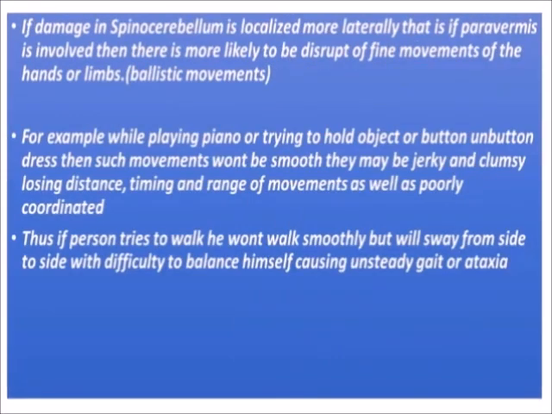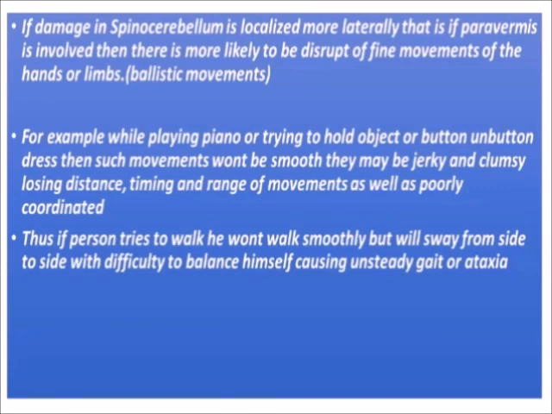If damage in the spinocerebellum is localized more laterally, that is, if the paravermis is involved, then there is more likely to be disruption of fine movements of hands or limbs, which are called ballistic movements.